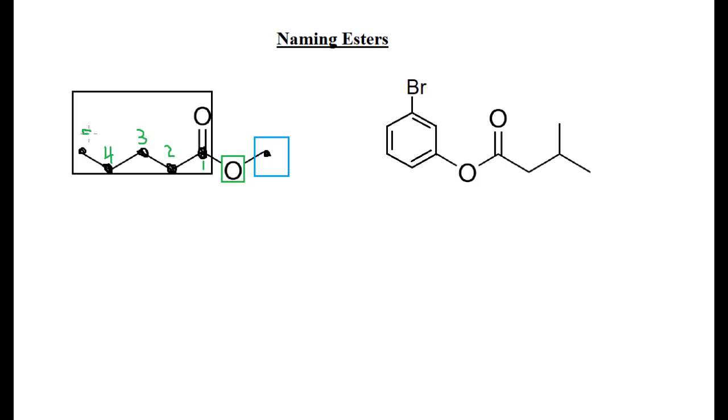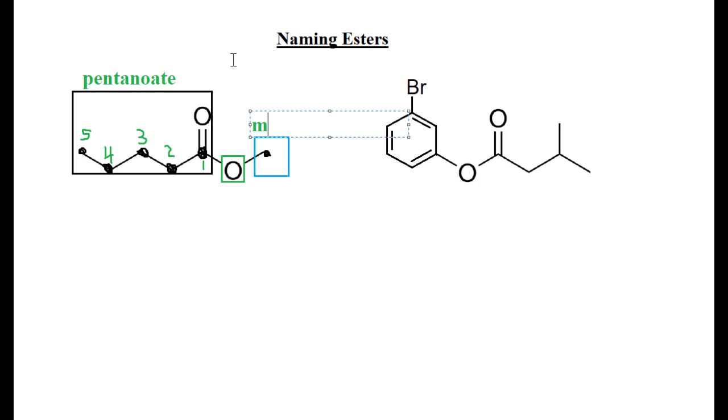So now, a 5-carbon alkane would typically be called pentane. But because this is an ester, it's going to get the ending -oate. The side that gets the -oate ending is the more important side, the one with the double bond O here. The less important side is simply going to be named as though it were a branch.